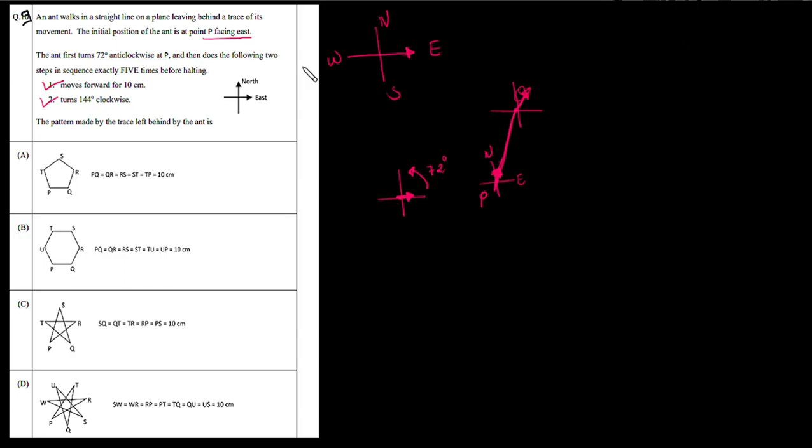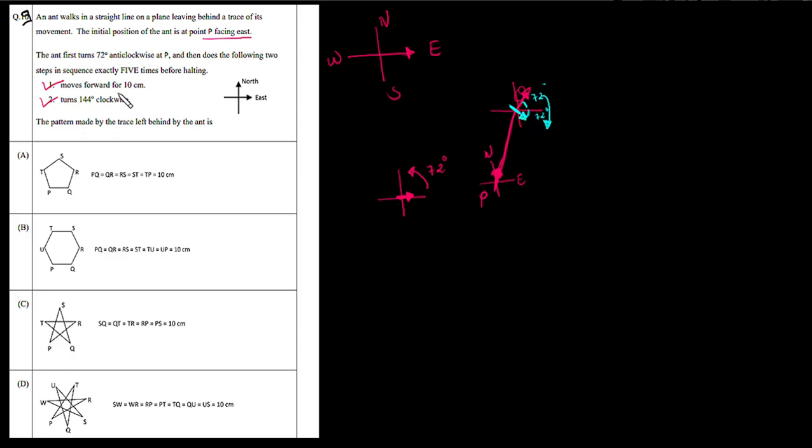Now it has to take a turn of 144 clockwise. We know this angle is already 72 degrees, so it has to take another 72 degrees in that direction to make it 144. So now our ant will be facing in this direction.